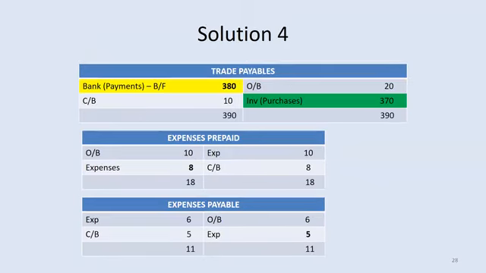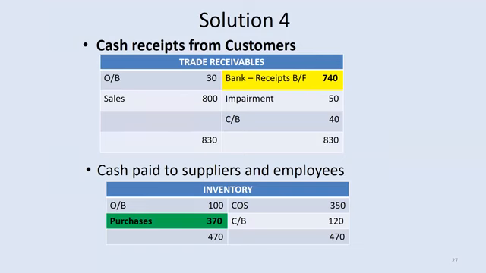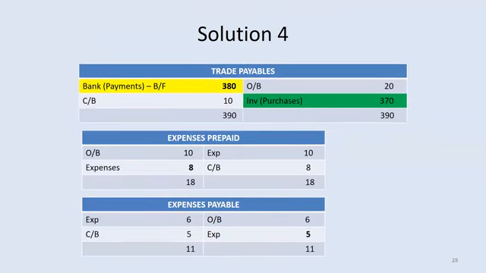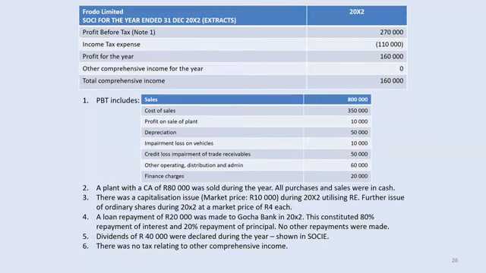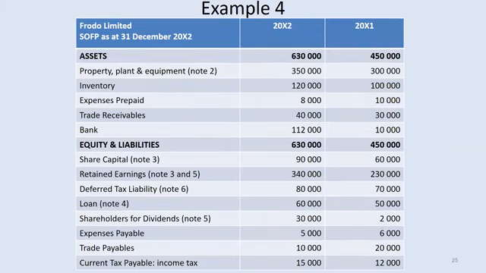That is then pulled through to trade payables. Now you'll see it being green on the credit side of trade payables, the inventory purchases that we have pulled through from inventory. Okay, so that's processed there directly. We want to also populate, as our first step, the opening balance and closing balance for trade payables, taken directly from our statement of financial position. Trade payables, our opening balance is 20, closing balance is 10.